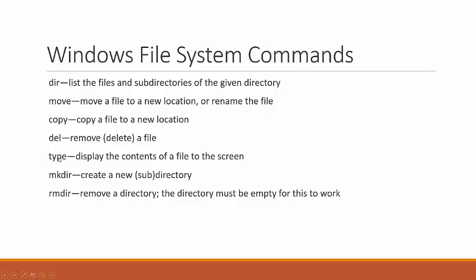Type, that if you type file 1, it'll throw the contents of it. It's like cat more or less under Linux. mkdir, rmdir, they work the same way. So the syntax is a little different, but what it's doing is the same thing, and the concepts are the same thing.